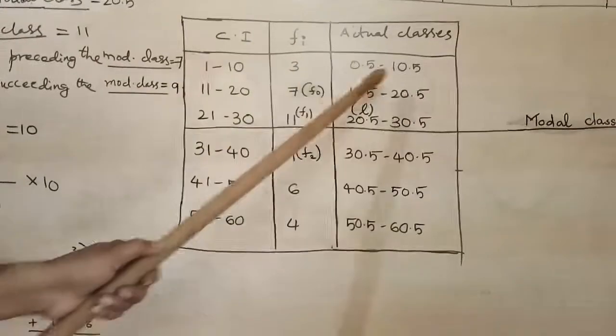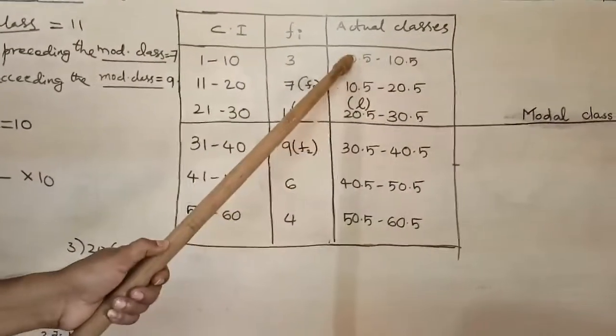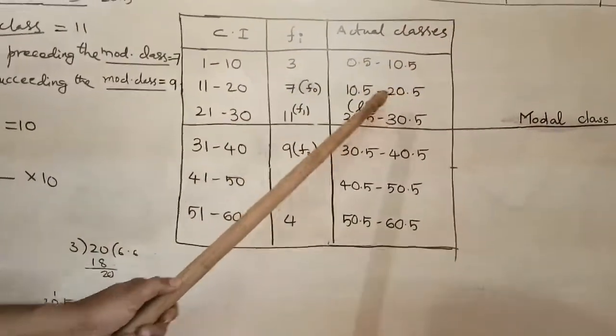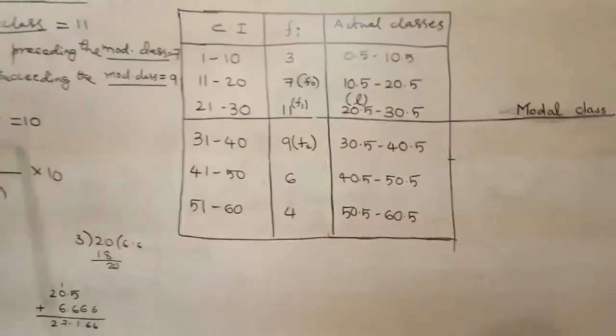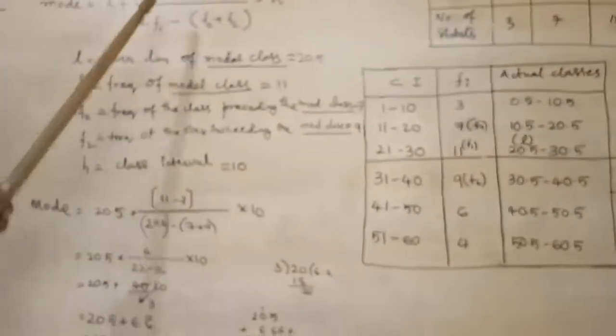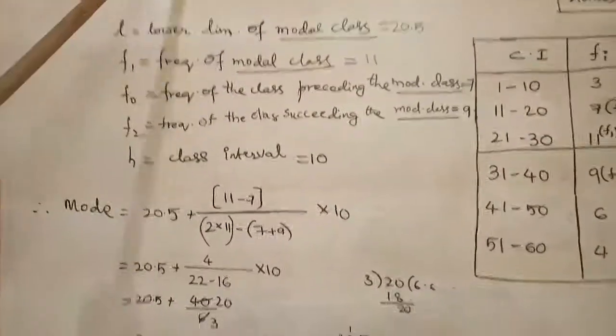Now the class interval becomes 10.5 minus 0.5, you will get 10; 20.5 minus 10.5, you will get 10. That is H. Those are found. Now substitute the L value.